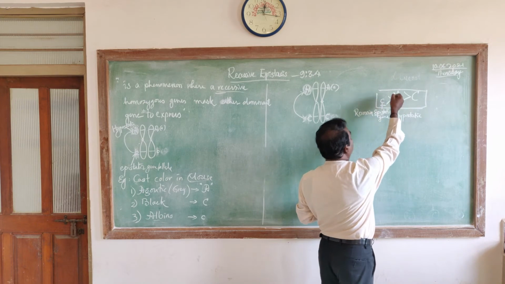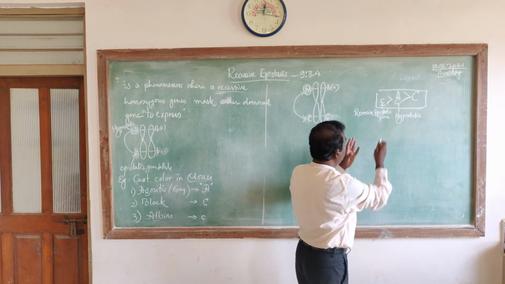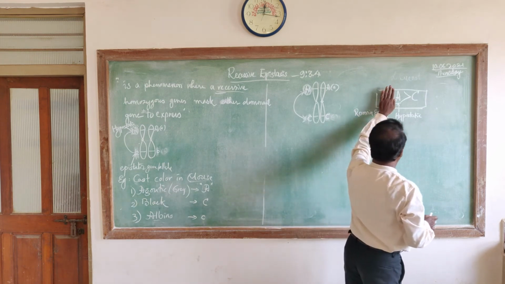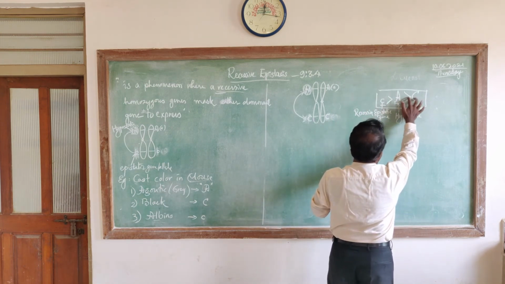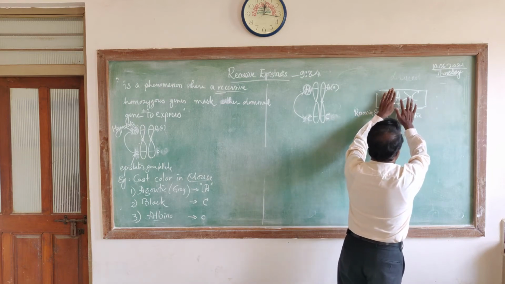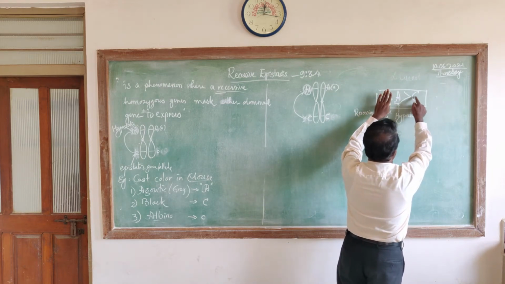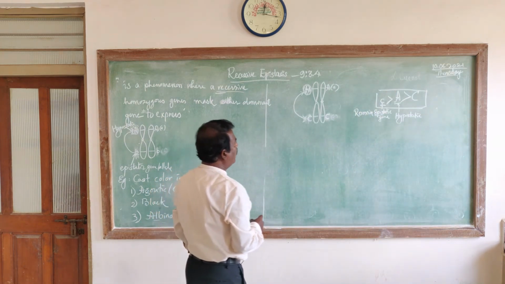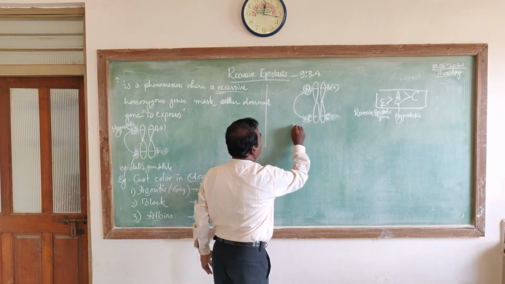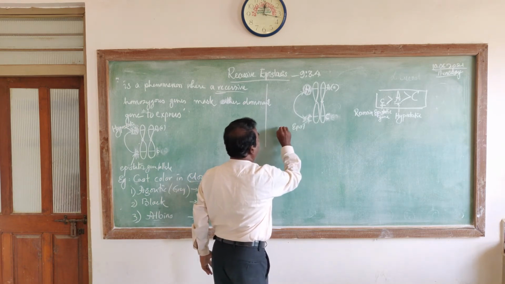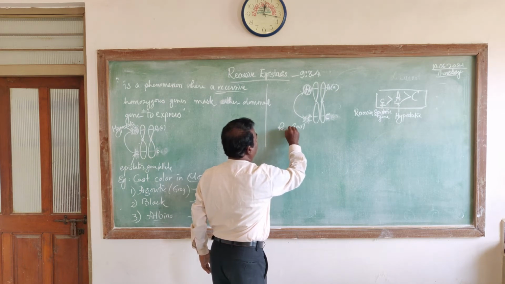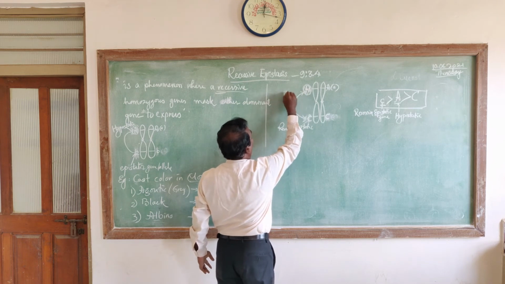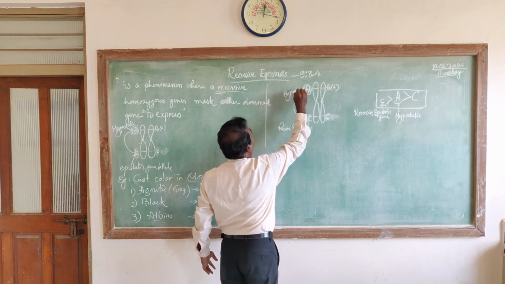A is hypostatic to small c, whereas small c is epistatic to capital A. And when we omit this, when these two dominant alleles come together, definitely gene for agouti color will dominate the gene for black color. So this is how exactly you need to understand. Here also I represent, this is epistatic, recessive epistatic, and this A gene is hypostatic, unable to express.